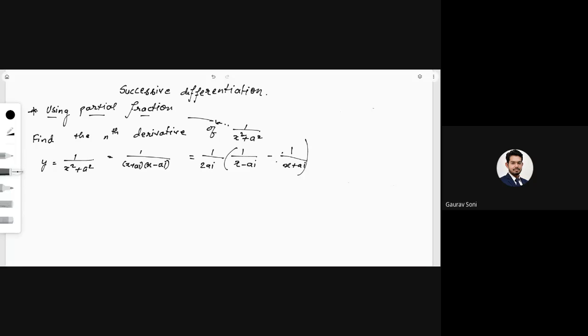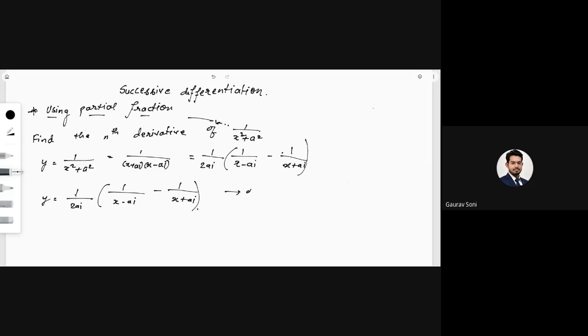As you can see, there will be subtraction of the imaginary part, I mean z minus z bar, which is 2ai, and the 2ai will get cancelled out, and we get this. So y is equal to 1 upon 2ai in bracket 1 upon x minus ai minus 1 upon x plus ai. So once we have this, we have the formula for the nth derivative of this type of function.